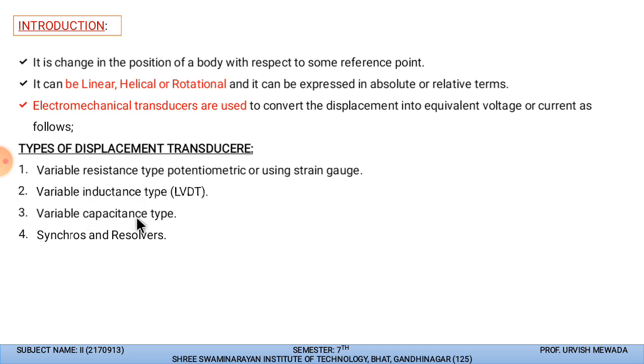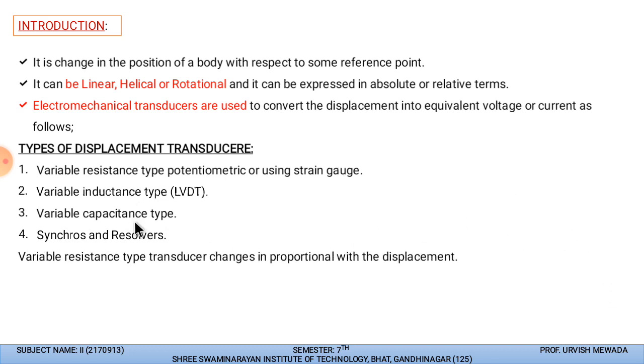Then the variable capacitance type, in which we use the principle of capacitance change. Then the synchros and resolvers, in which we use the relative motion of the motor or the machine.